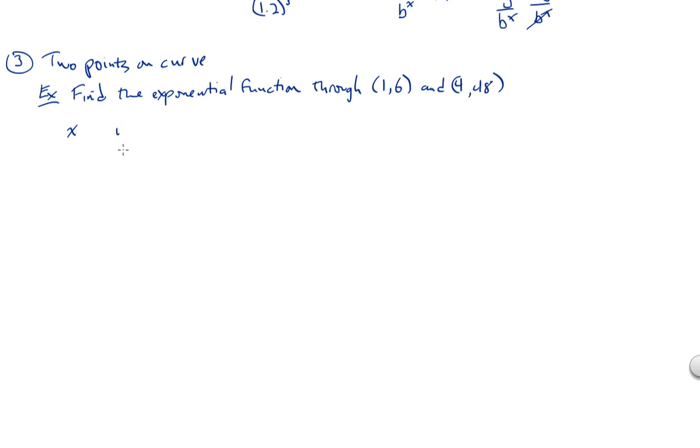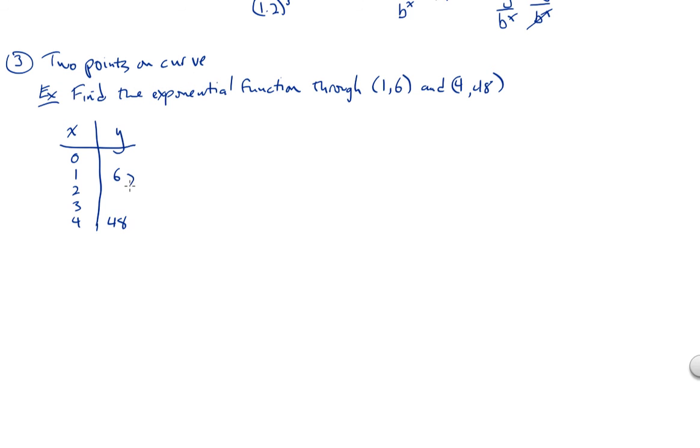We've got x and y again. Since the x's are nice whole numbers, we can just count up 0, 1, 2, 3, 4. That's all the farther we need to go. We've got 4, 48 and 1, 6. Now, like in situation 2, if we knew our multiplier, we could just divide 6 by that multiplier and we'd get our y-intercept. But we're not there yet. We need to figure out what our multiplier is first.